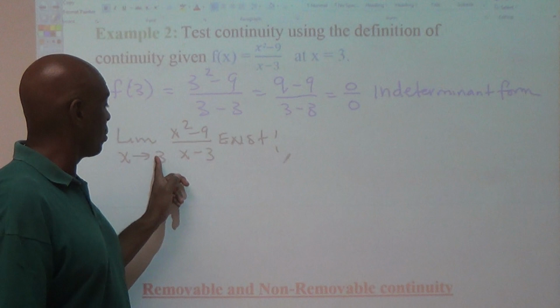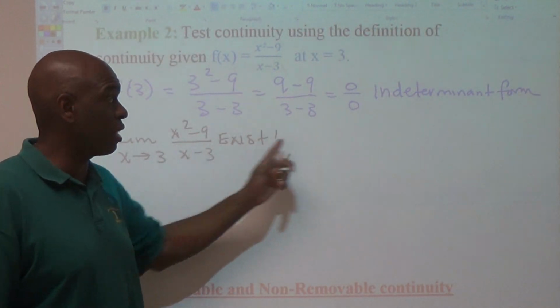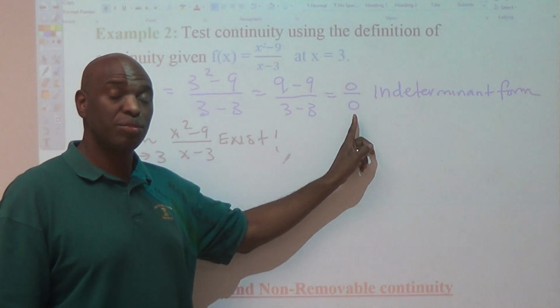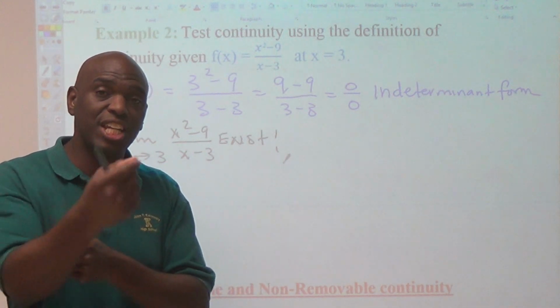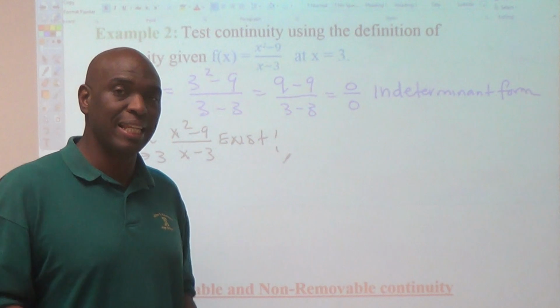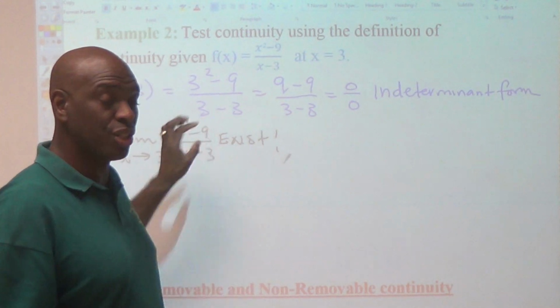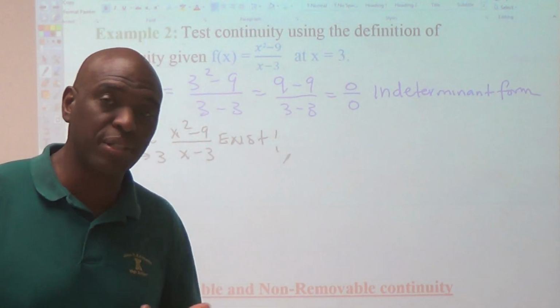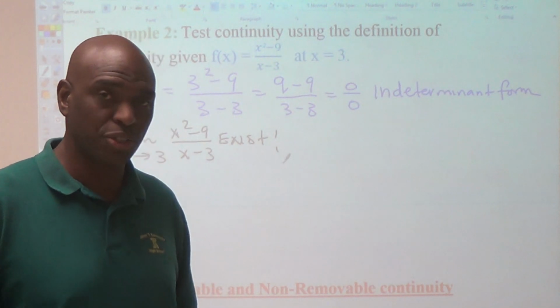Well, if I take 3 and directly substitute, I'm going to get 0 over 0. Indeterminate. That is the indeterminate form. So we have to manipulate the function here to re-express the function and then evaluate it.